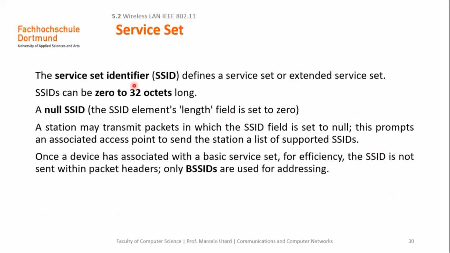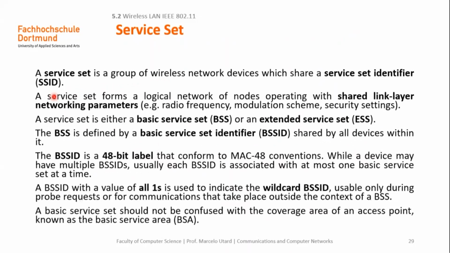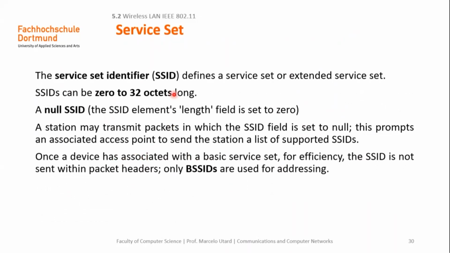The SSID, the service set ID, defines a service set or extended service set. But the difference between the SSID and the BSSID is that the BSSID is a 48-bit label. Instead of that, the SSID is a text string, and can be 0 to 32 octets long.